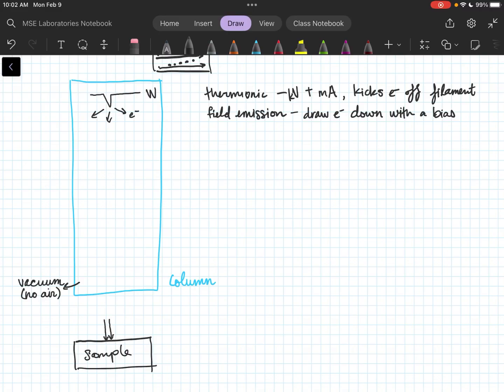Directly below the tungsten filament, and I should specify, there are a couple of other filament types. Lanthanum hexaboride, LaB6.